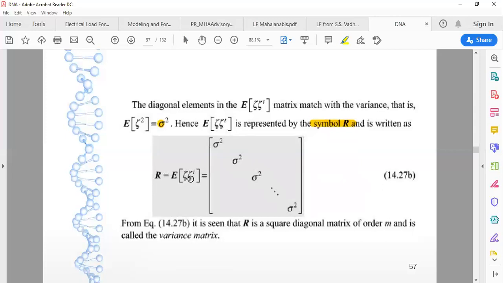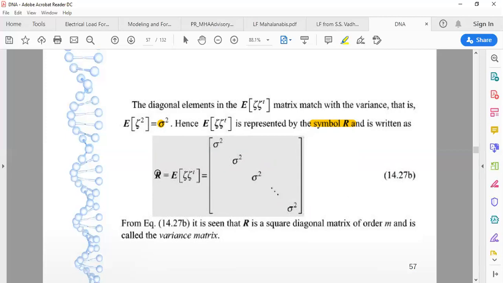Then we can easily replace zeta 1 square, zeta 2 square, zeta 3 square, and zeta 4 square by the square of the standard deviation. What is the square of standard deviation? That is nothing but your variance. In my previous slide, we have already discussed that sigma square is variance. Keep this in mind, while sigma is the standard deviation.